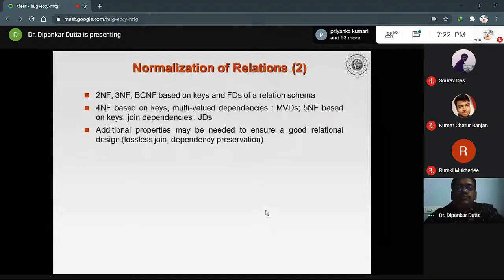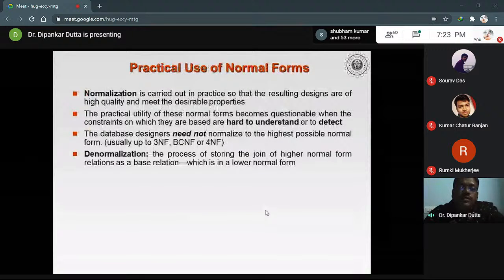Apart from that, we have to normalize the relation to design a good relational schema. Normalization is carried out in practice so that the resulting designs are of high quality and meet the desirable properties. So if we do normalization, then our database design is good. Otherwise, it may be bad.